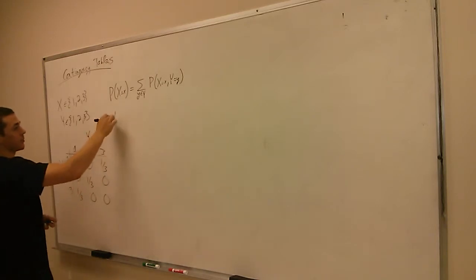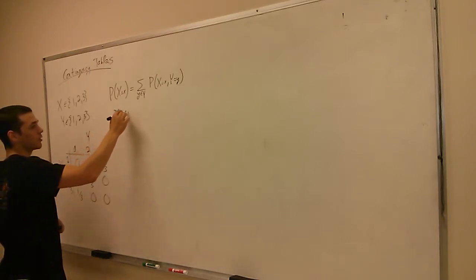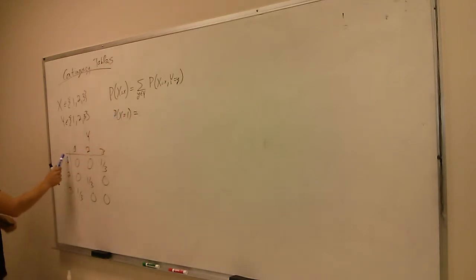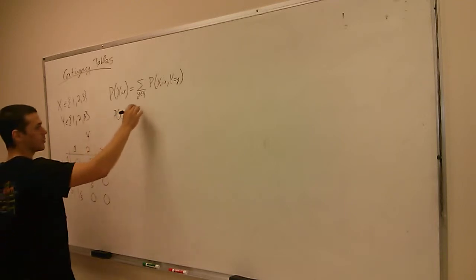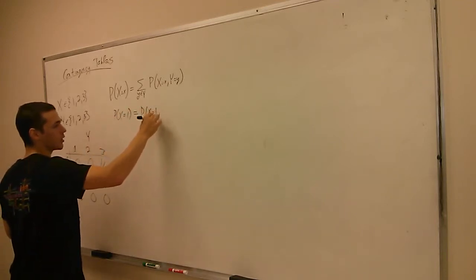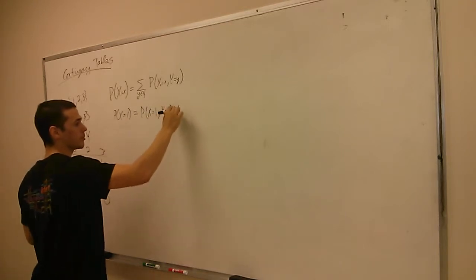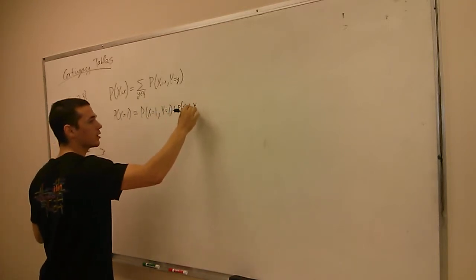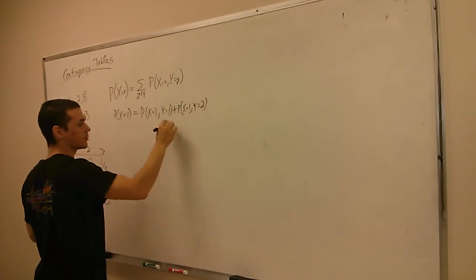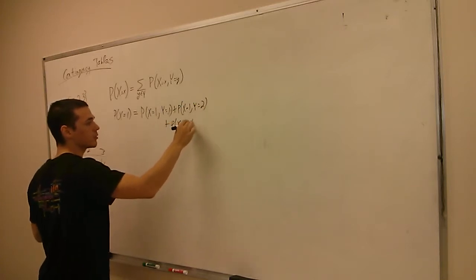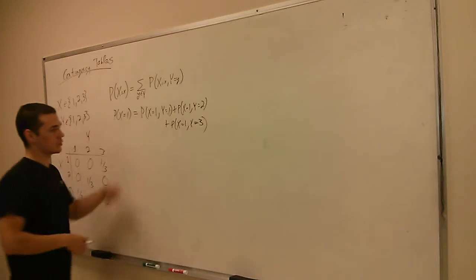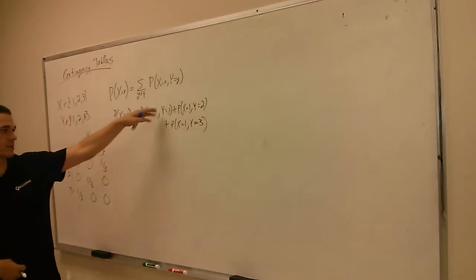So in this case, for example, the probability x equals 1 is going to be the probability x equals 1, y equals 0, plus the probability x equals 1, y equals 1, plus the probability x equals 1, y equals 2, plus the probability x equals 1, y equals 3. First off, intuitively, why does this work? y must take on some value.